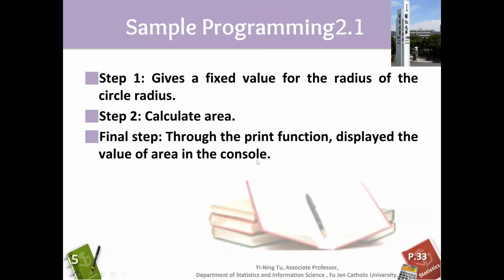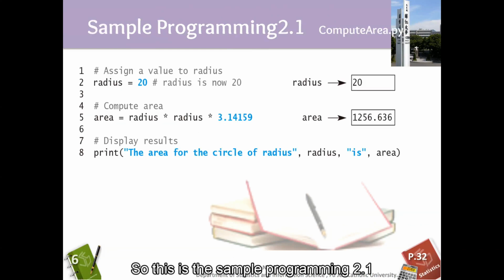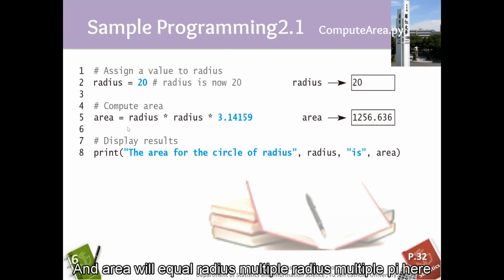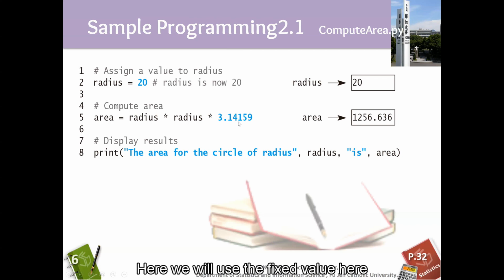This is sample program 2.1, and you can see this is a command line. Radius equals 20 is fixed, and area will equal radius times pi here. Here we use the fixed value, maybe just 3.14, and in the final part we will print the results.